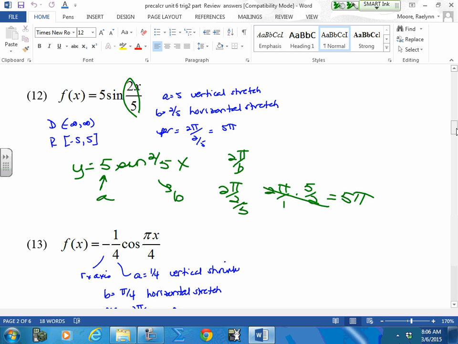I didn't ask you to graph it. 5 pi, if I asked you to graph to 5 pi, if I just went by pi's, you'd have to make 4 equal quadrants in here. 4 equal quadrants.